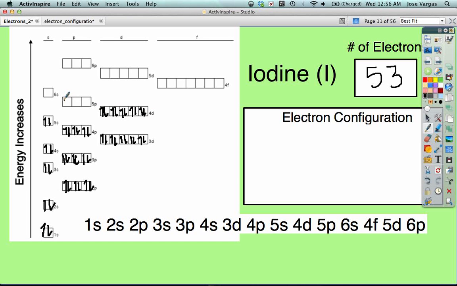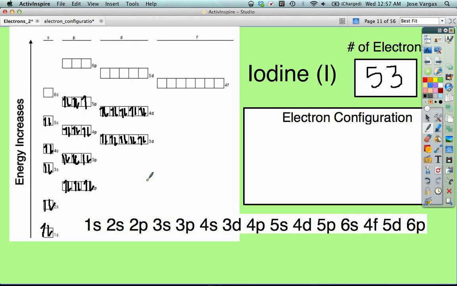And then let's count them so far. I'm at 48, so I need 5 more. 1, 2.